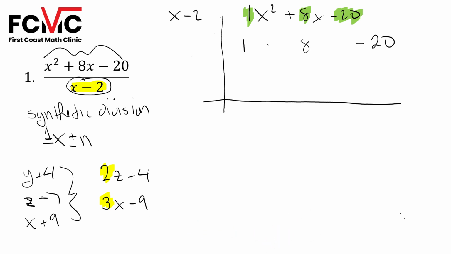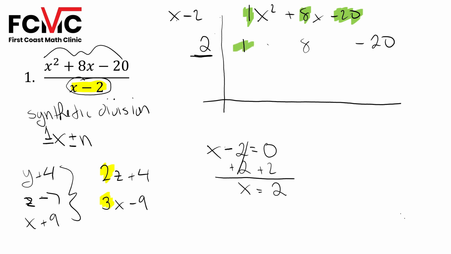We need one term outside of our box. Like I said, we're going to get that from our x minus 2. But to get that, we have to figure out what makes x minus 2 equal to 0, and to solve that, we can add 2 to both sides, and we get x equals positive 2. So I'll put 2 outside of our box.